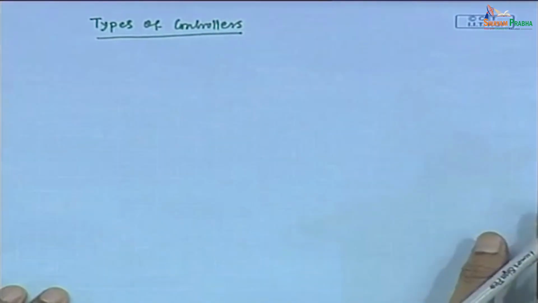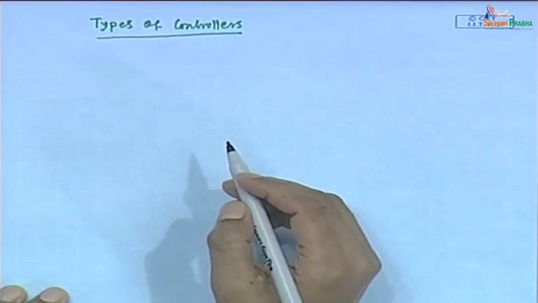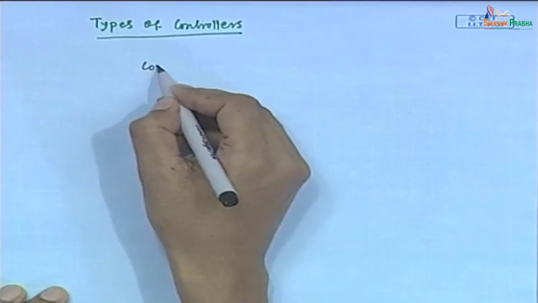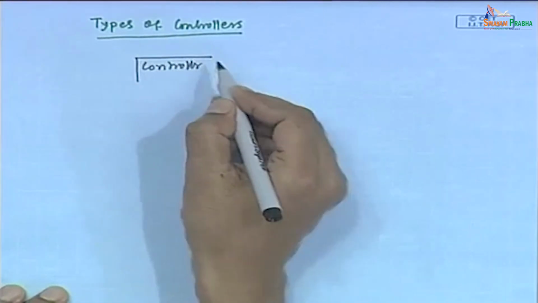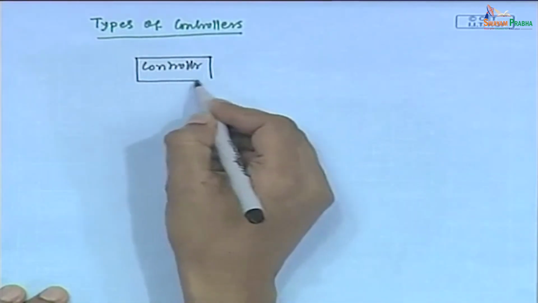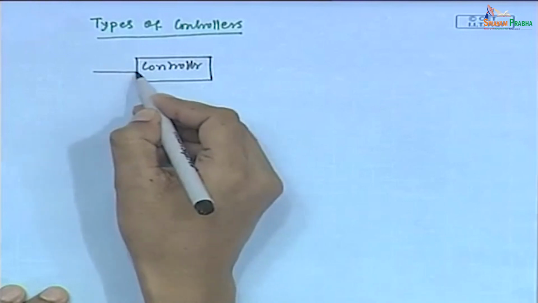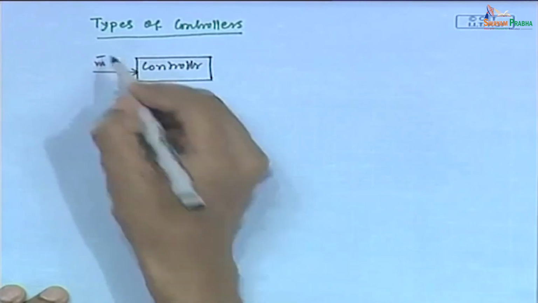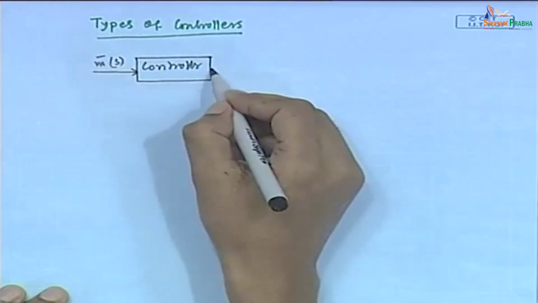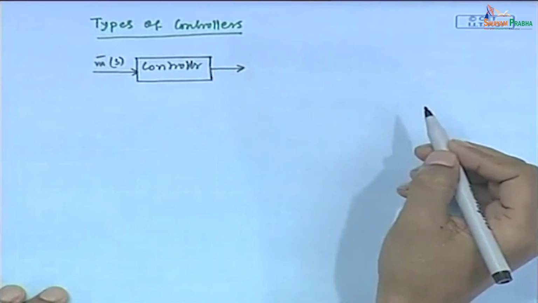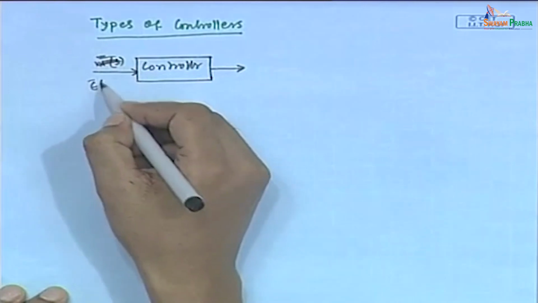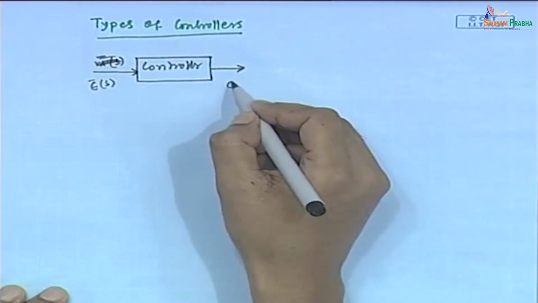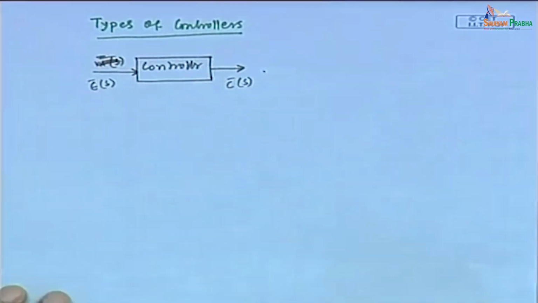Now, if we redraw the controller block, then we see that input is epsilon bar s and output is C bar s.